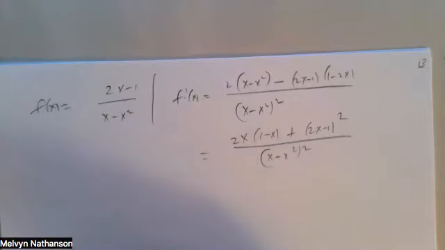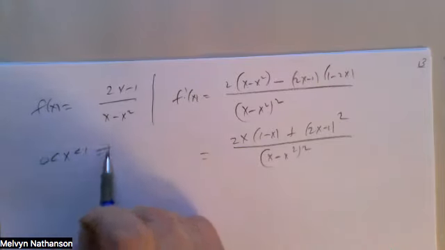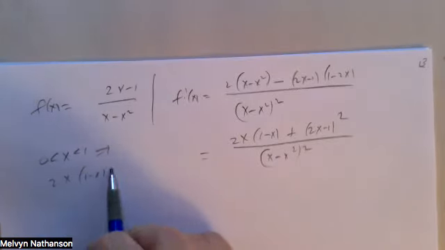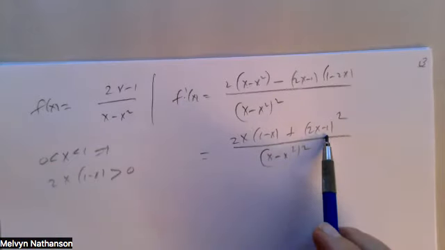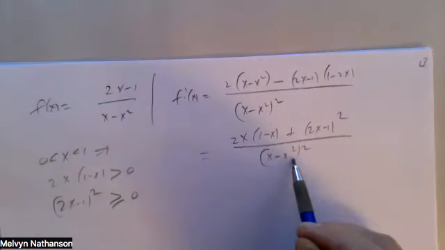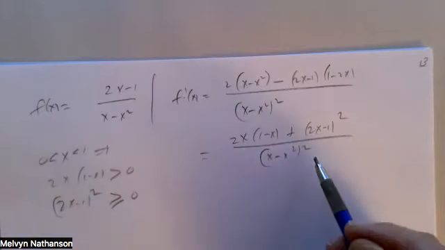What can we say about this? If x is between 0 and 1, then 2x and 1 minus x are both positive, so this is positive. And 2x minus 1 squared is a square, so it's greater than or equal to 0. The denominator is a square, so it's greater than 0.